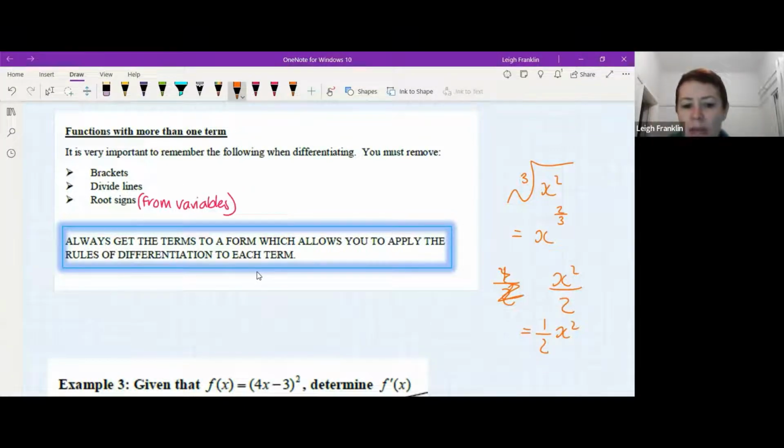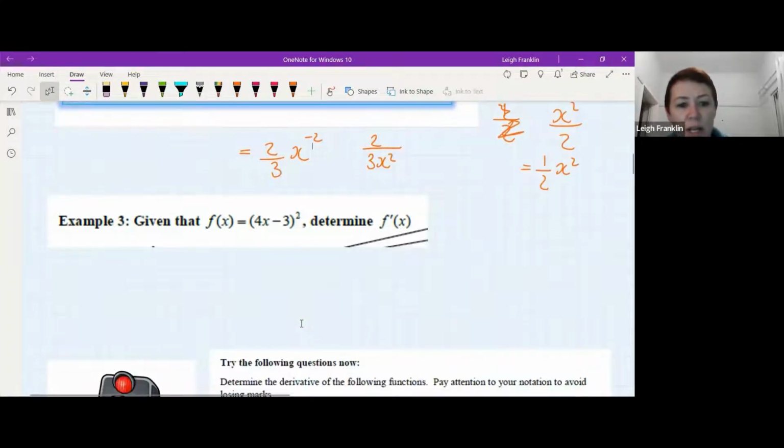If you had something like 2 over 3x squared, then when I say you need to remove the divide lines, you would have to write that as 2/3 x to the power of -2. So it's the variable that has to be in the numerator. Brackets we want to get rid of because we need to have terms and not factors when we are differentiating.